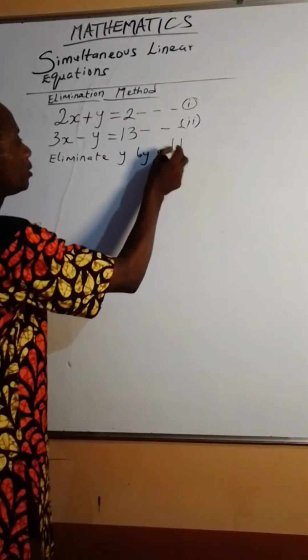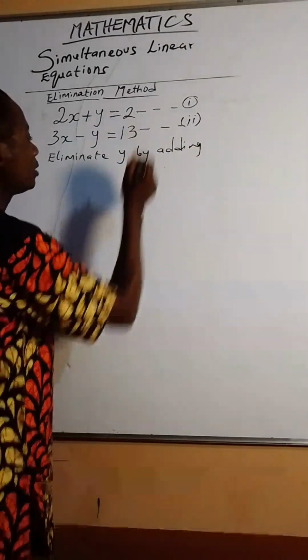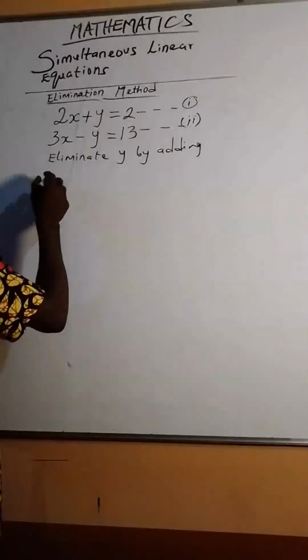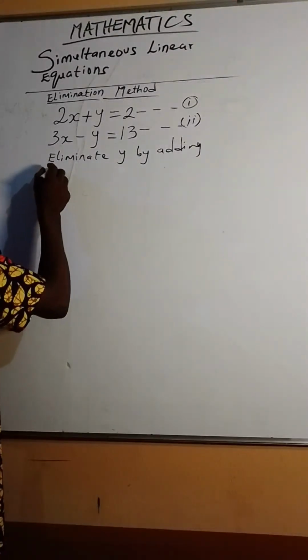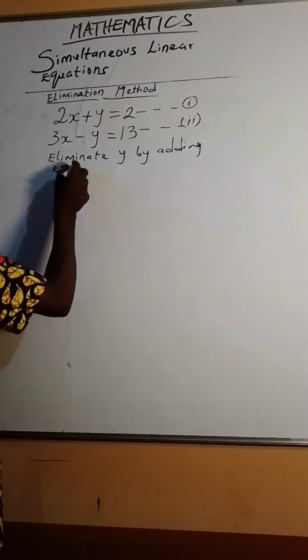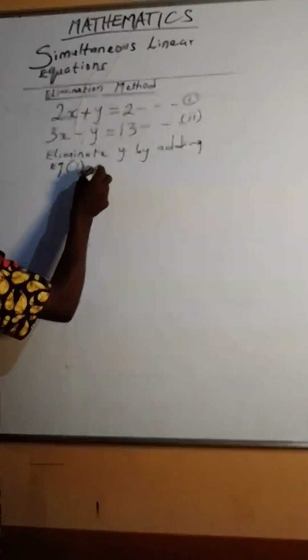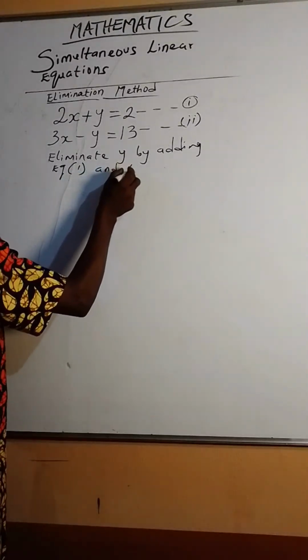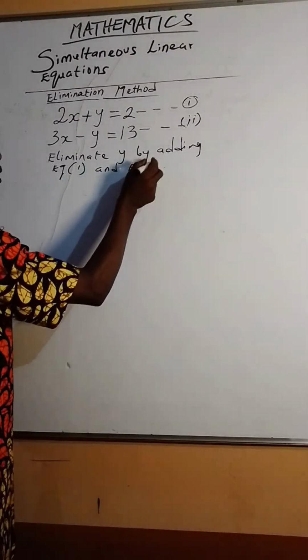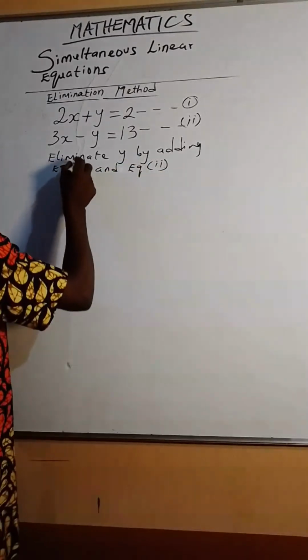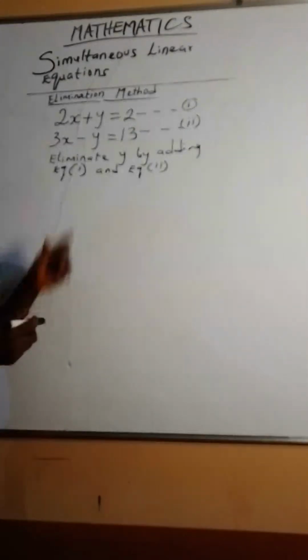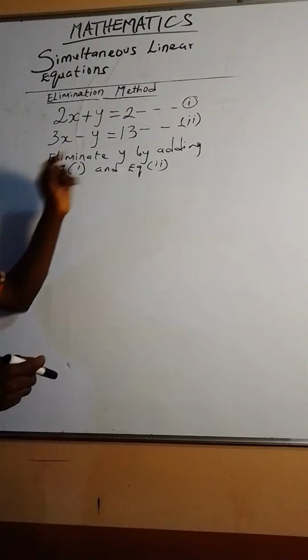So we are going to eliminate y by what? By adding equations 1 and 2. So we are adding the two equations together. So let's add.